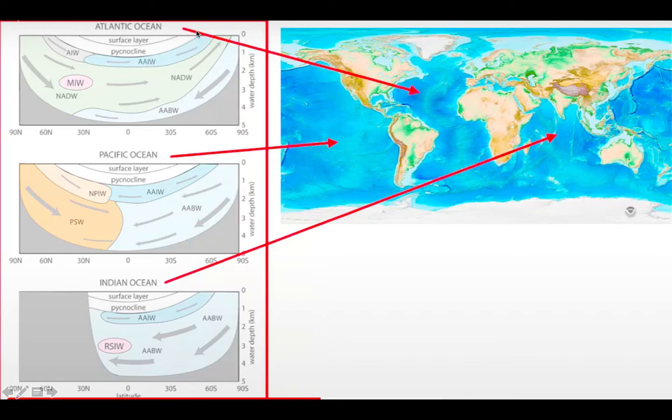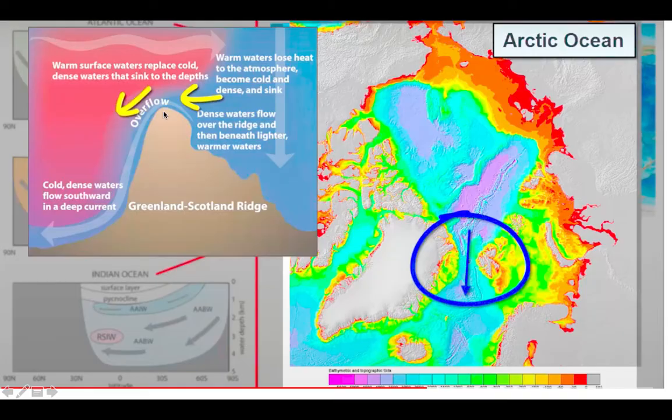Here we have convergence, and because of convergence we have downwelling. That's why it is moving down, and here it is moving down because of high salinity and low temperature. So remember, NADW is coming because of upwelling, AAIW is moving because of downwelling, and this is moving because of cold water and high salinity. I hope this is clear.